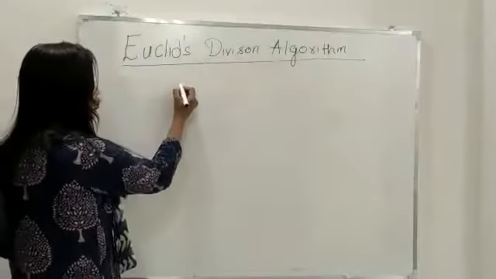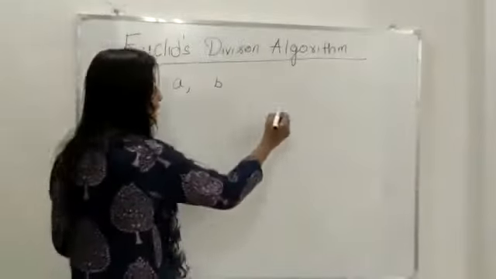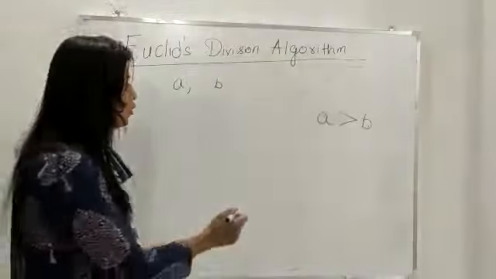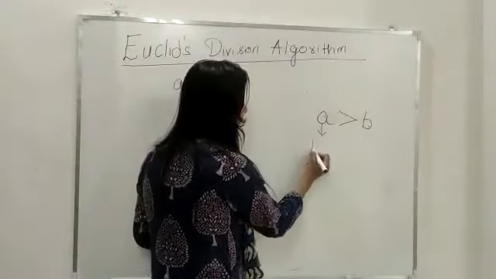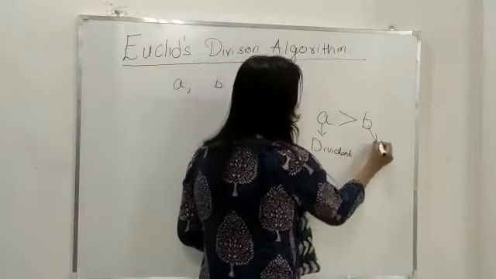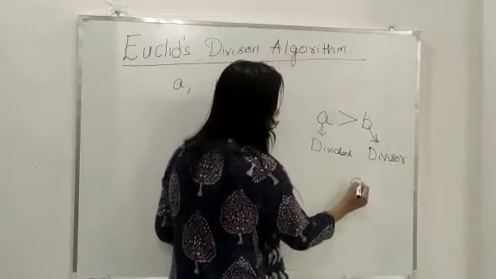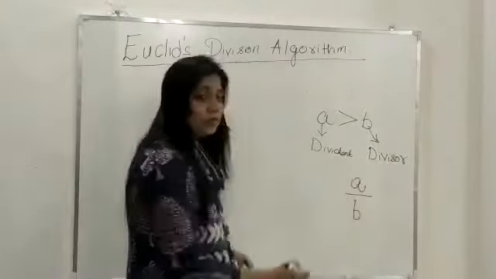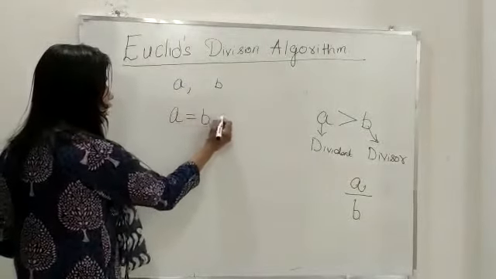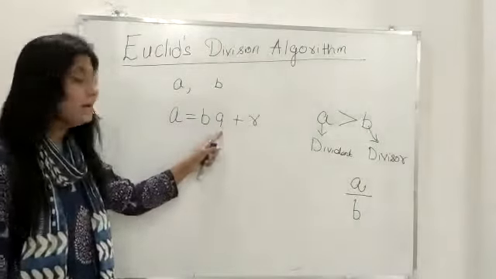Suppose I am having two numbers A and B. If A is greater than B, I will keep A as dividend and B as my divisor, and I will divide A by B. So what I will get? The result will be A is equal to BQ plus R, where Q is my quotient and R is my remainder.